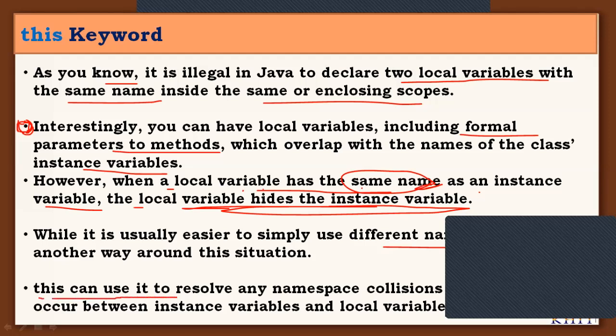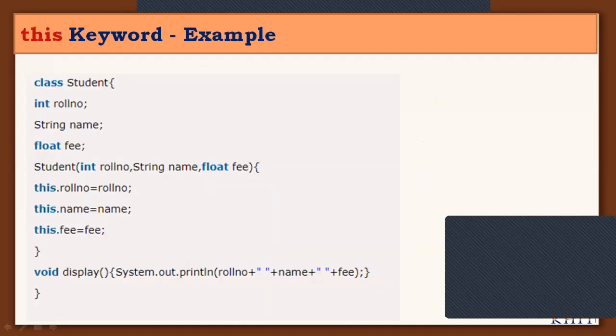The this keyword can be used to resolve any namespace collisions, which occur between instance variables and local variables. We'll see one example for this.